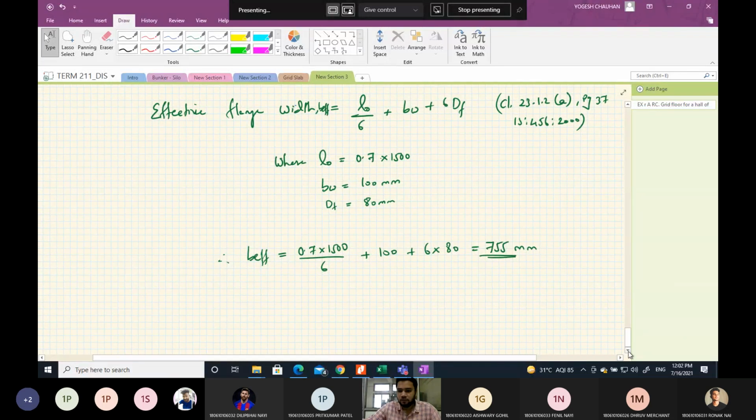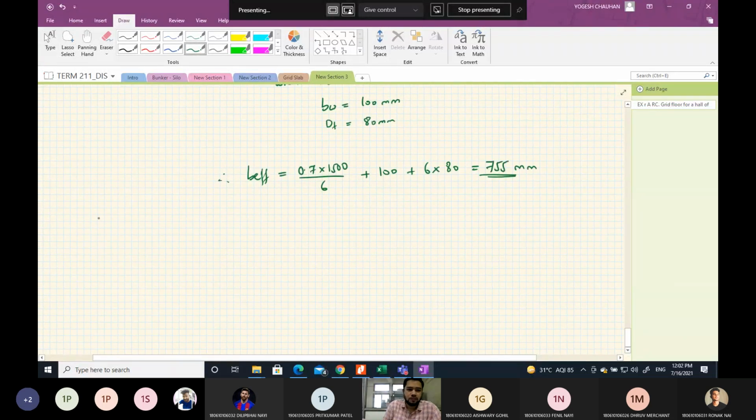Now let us assume that the neutral axis lies at the bottom of the flange.